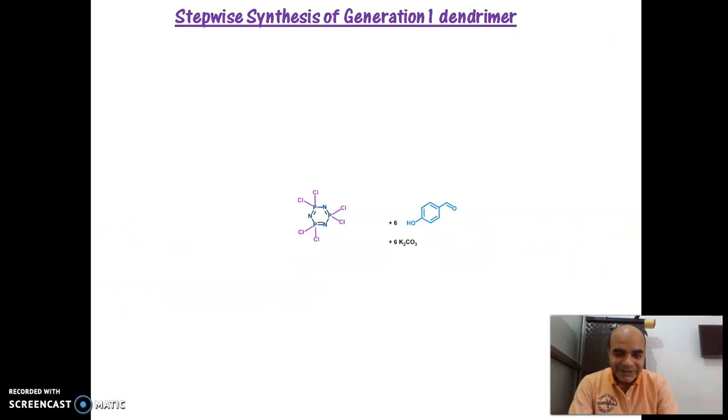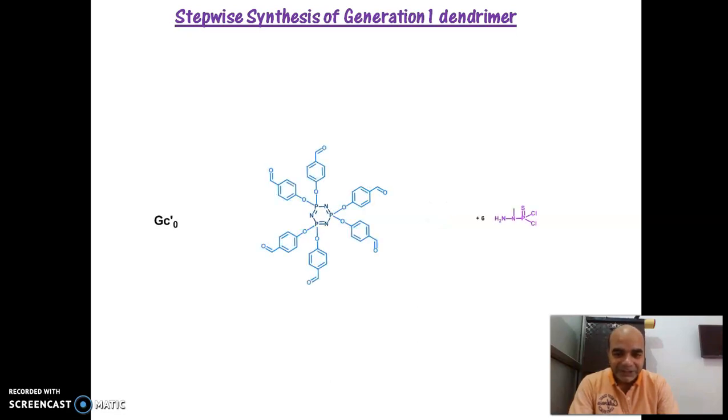So in this slide you can easily see how the dendrimers are growing. We have the hexachlorocyclotriphosphazene core, and we couple 4-hydroxybenzaldehyde at the surface in the presence of potassium carbonate, leading to the formation of generation 0. We are just activating the group.